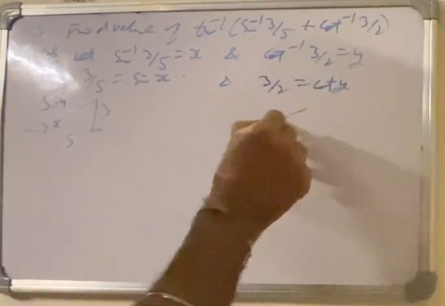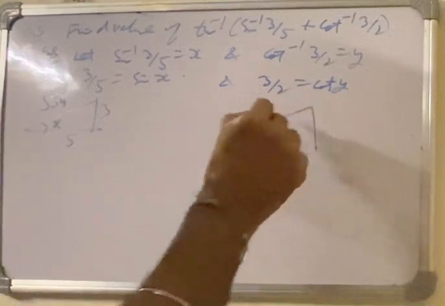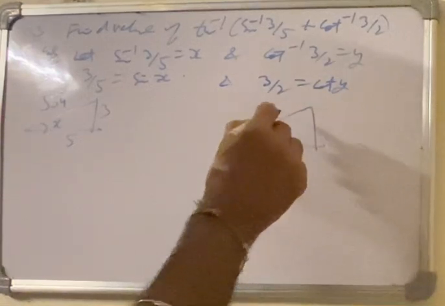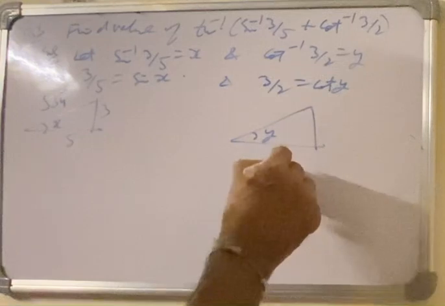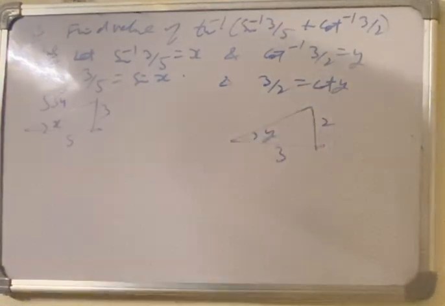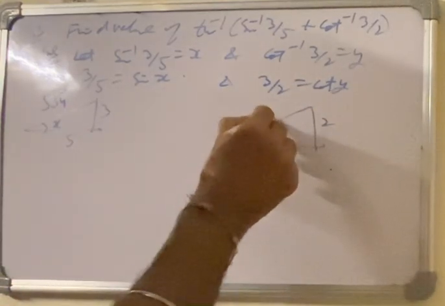Here also we can apply this. This is y, this is 3, 2, and the hypotenuse is square root 13.